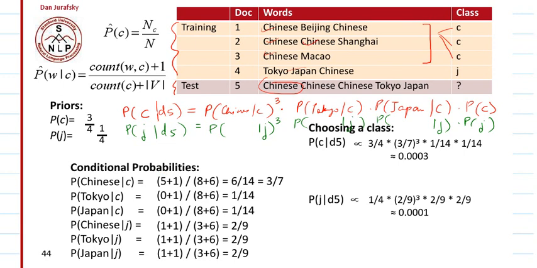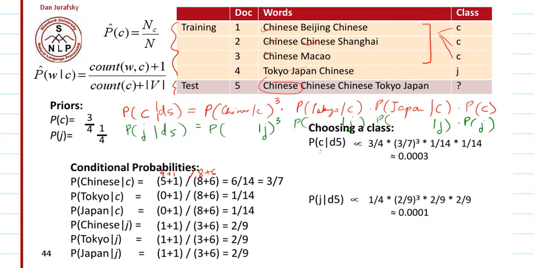So this is 1, 2, 3 and 4. So I have 4 plus 1 for the Laplace smoothing, divided by the total number of words in that class, which is 8 plus 6, right? In this way we calculate the probabilities for all the given words, and then we finally calculate the probability of that particular class using this formula.